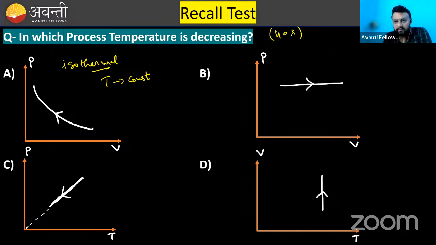If you check option B, in this case, this is an isobaric process because pressure is constant.